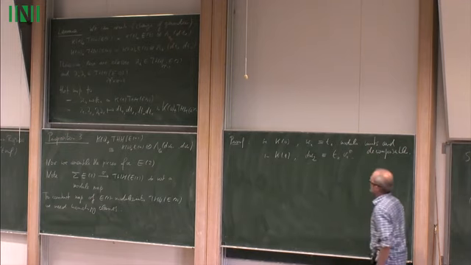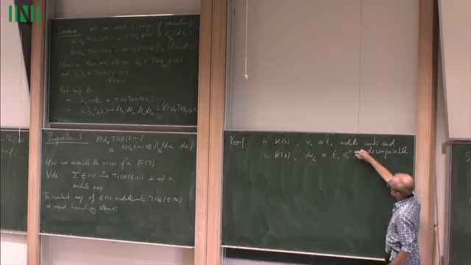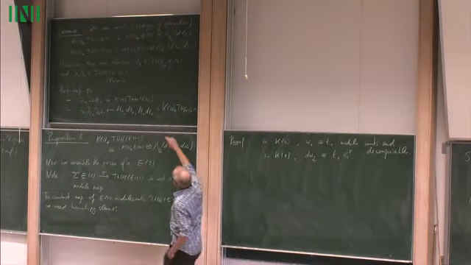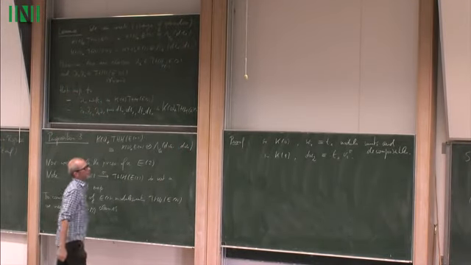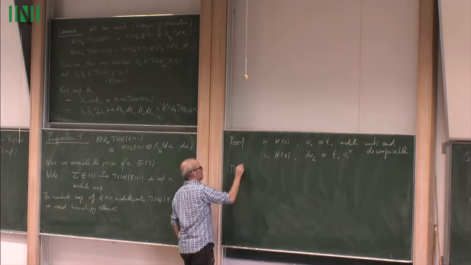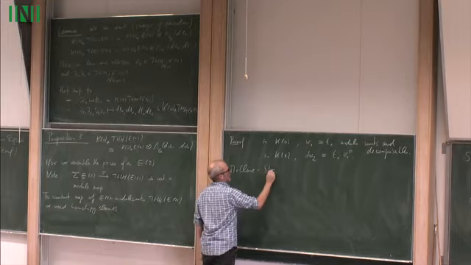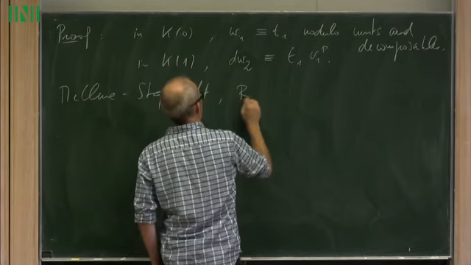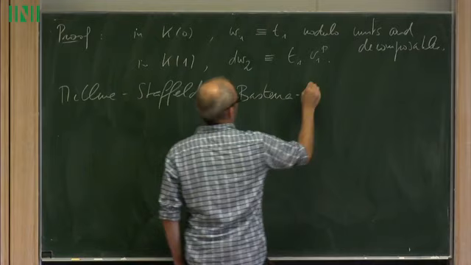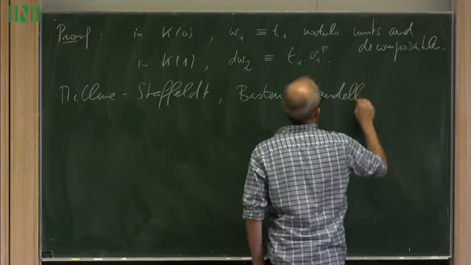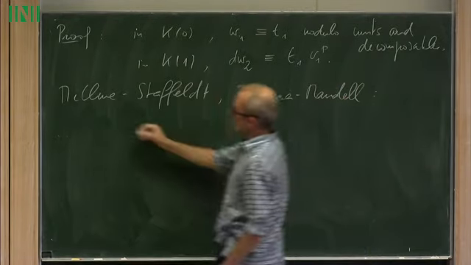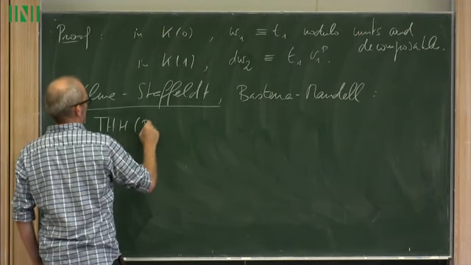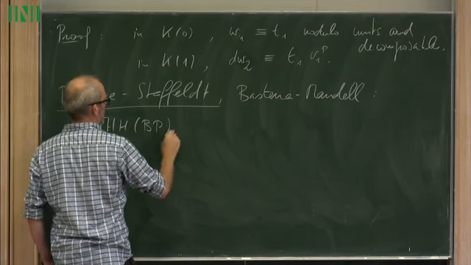Okay. So just looking at the formulas for these classes allows you to change the generators to get the ones that come from BP, and so McClure-Staffeldt, and then you need also a result of Basterra and Mandell to be able to compute HH of BP. But here it's really an integral computation.